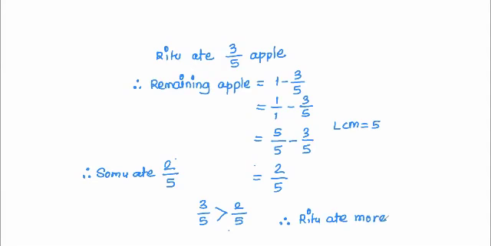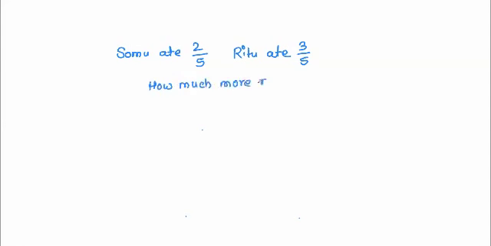So let's do it in others. By how much? So Somu ate 2 upon 5. Ritu ate 3 upon 5. So who ate more? We know that Ritu has eaten more. So how much more? To find how much more, what we have to do is subtraction.